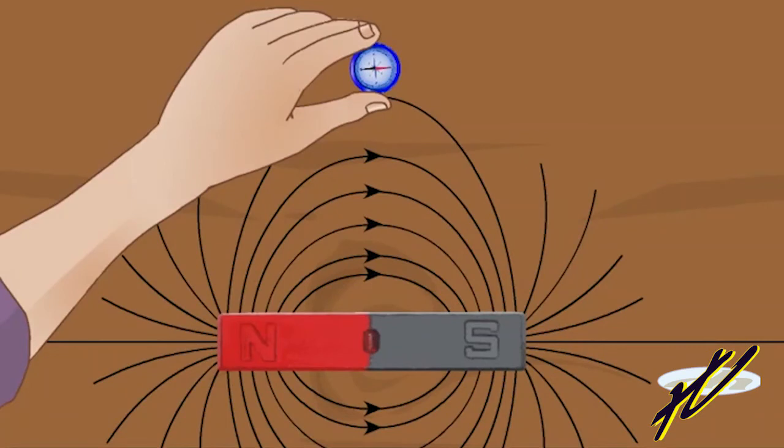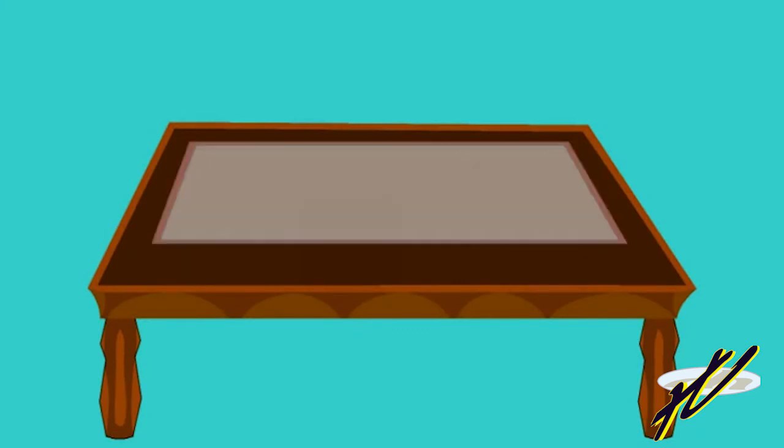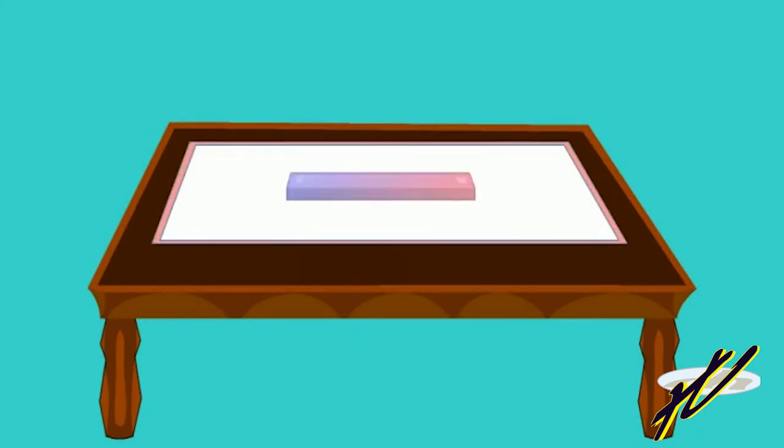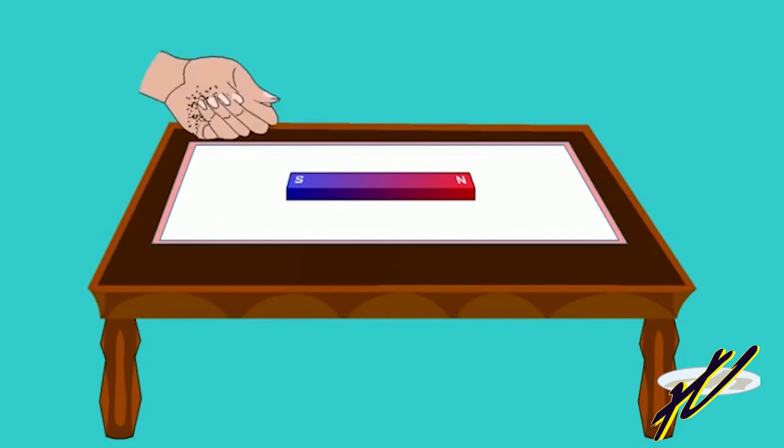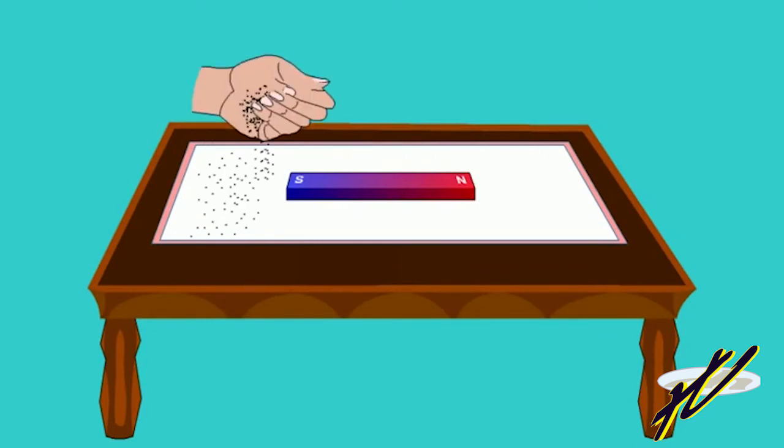Students, the region around a magnet in which its influence can be felt is called the magnetic field. The magnetic field is stronger near the magnet and decreases with the increase in distance from the magnet. Here is an activity. Place a sheet of white paper over a magnet and sprinkle some iron filings on the sheet.